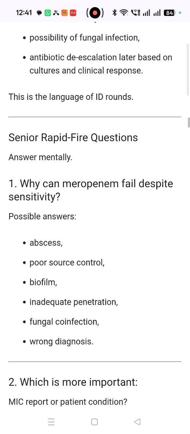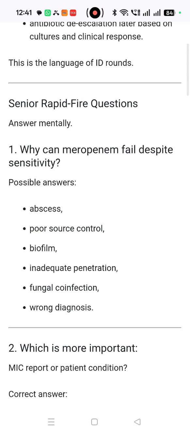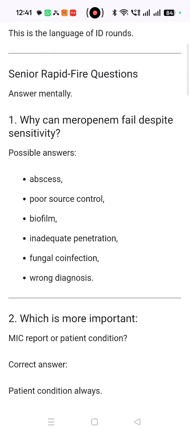Now, seniors may ask you many questions on this basis. A rapid fire question is, why can meropenem fail despite sensitivity? The possible answers are abscess, poor source control, biofilm, inadequate penetration, fungal co-infection, or wrong diagnosis.